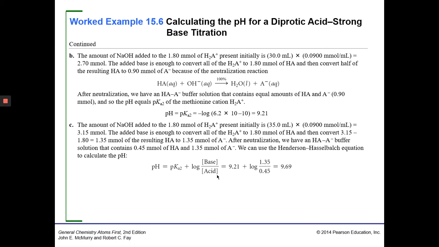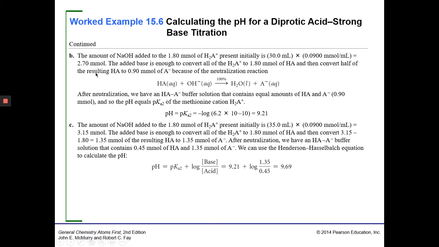Let's look at part B. Okay, here the amount of NaOH added to the 1.8 millimoles of H2A plus initially is 30 times 0.09.